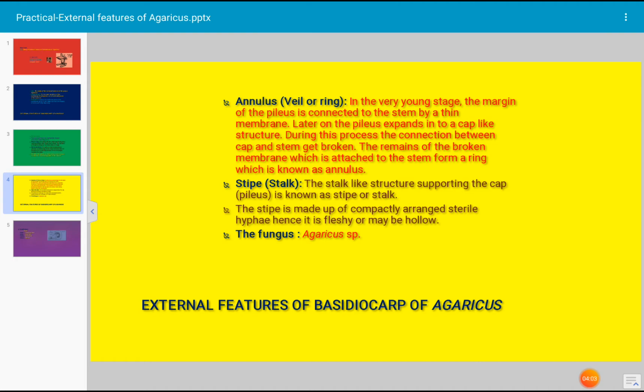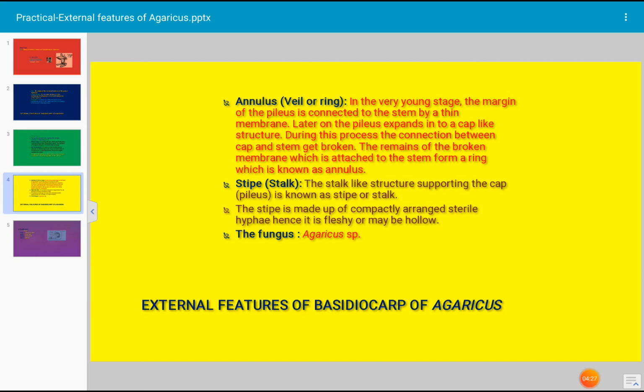During this process, the connection between the cap and the stem is broken, and the remains of the broken membrane attached to the stem form a ring which is known as annulus or annulus ring, or it is also known as veil.